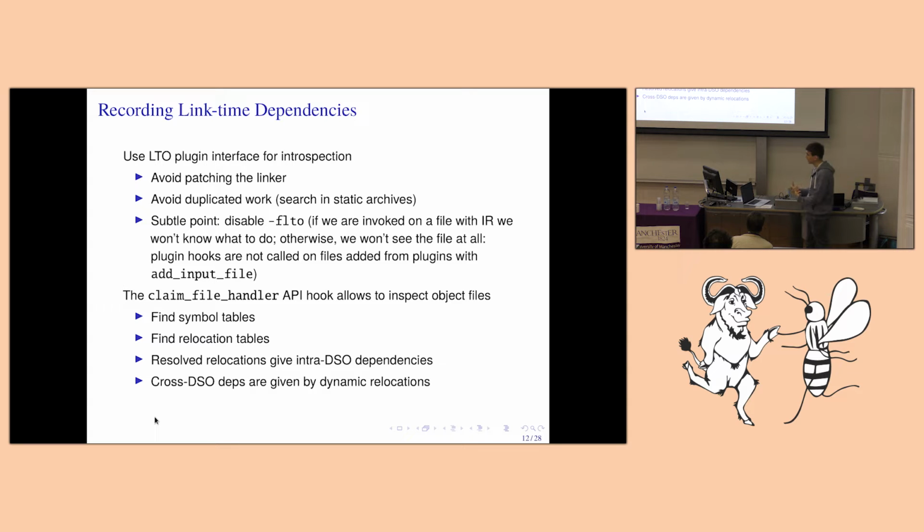But in this case, our plugin won't see this file at all, because linker plugins only see the original object files. They don't see the files linker plugins added to the link. In case our plugin sees it first, it won't know what to do because it doesn't speak LTO bytecode. So we had to disable LTO in order to be able to collect the information.